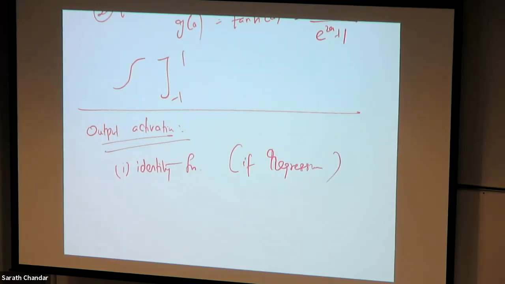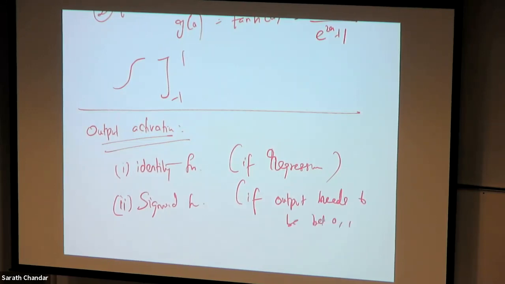Now, you can use the sigmoid function if you're doing classification where the output needs to be between 0 and 1. For example, if you're doing binary classification, then your output is going to be the probability of class 1, right?